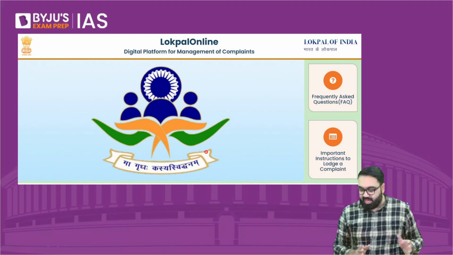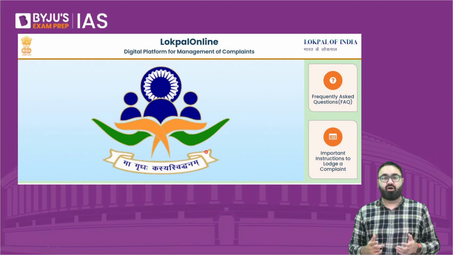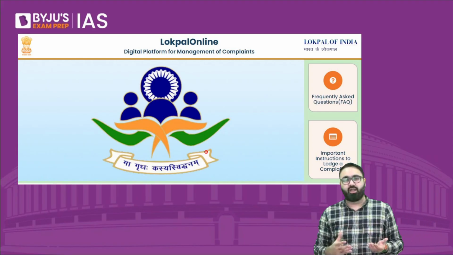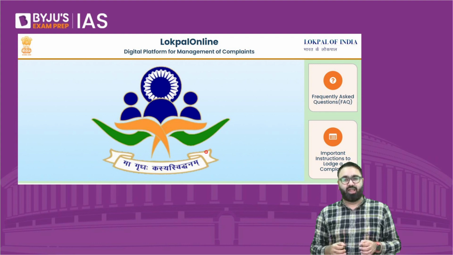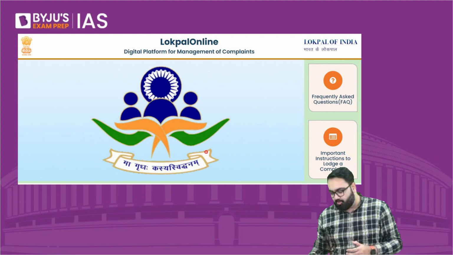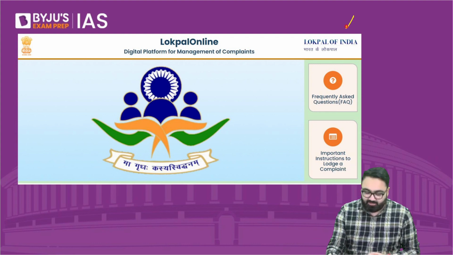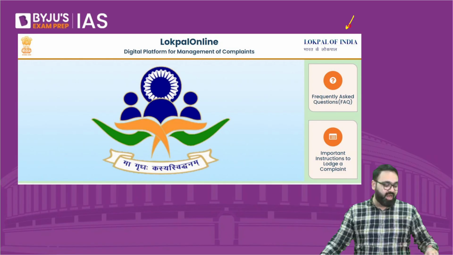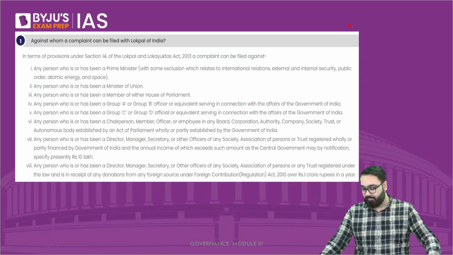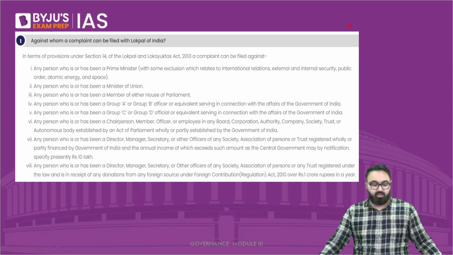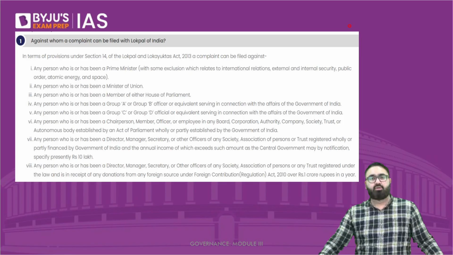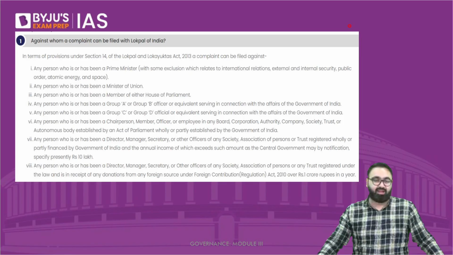We saw how the RTI portal works. You can file the RTI online. Similar is the case with Lokpal. You search for Lokpal online and you will get this portal in which you can file a complaint to the Lokpal.